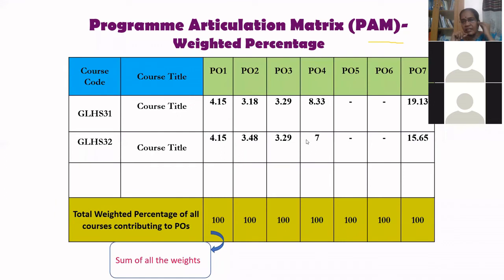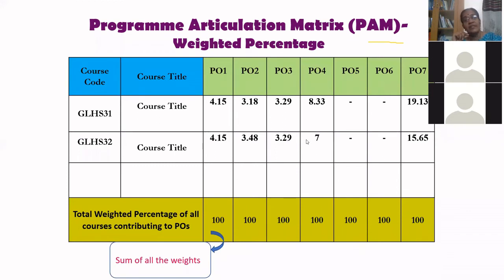So this weighted percentage table should be present in your syllabus, because for calculating the attainment of the students, we will be using only this weighted percentage, not the weights. From the weights, we have calculated the weighted percentage.